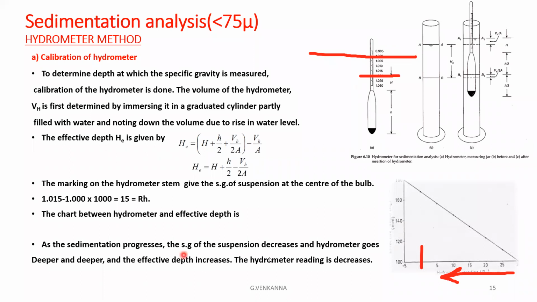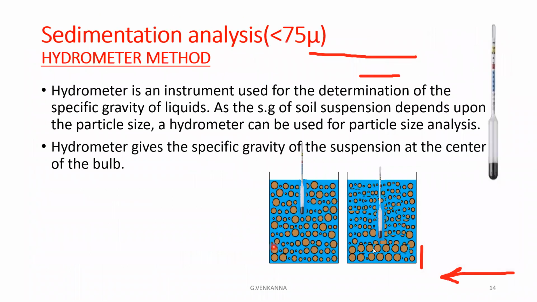As the specific gravity of the suspension decreases, the hydrometer goes deeper and deeper. Why does the hydrometer go deeper? Because of the decrease in the specific gravity of the suspension. By which way does the specific gravity of the suspension decrease? Due to the large particles settling at the bottom.